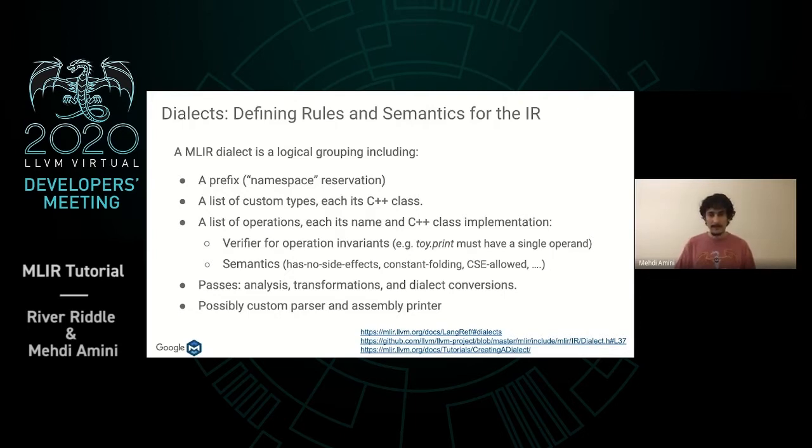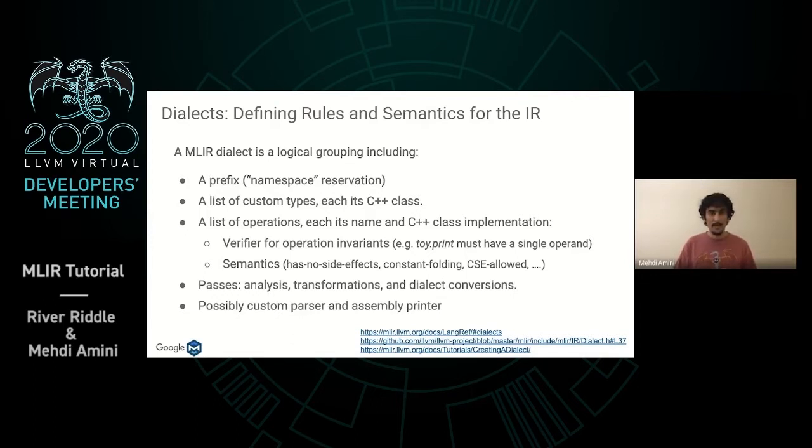Dialects are supposed to be really cheap. You create one like you create a new library. There are roughly 20 dialects that come bundled with MLIR, but there are many more that have been defined by MLIR users. Our internal users at Google have defined over 60 dialects so far.